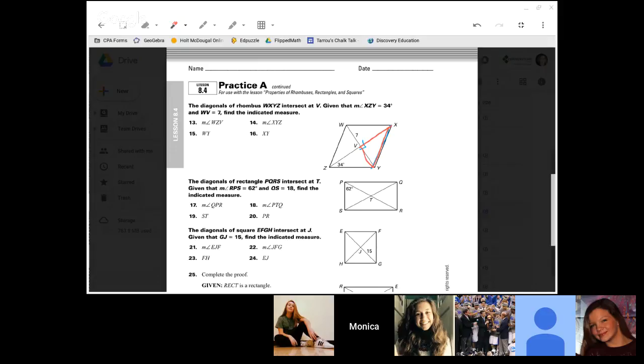Okay, so not the whole angle X is 34, but that small part of it is 34. Okay. So do we also know the length of this? So what is it?